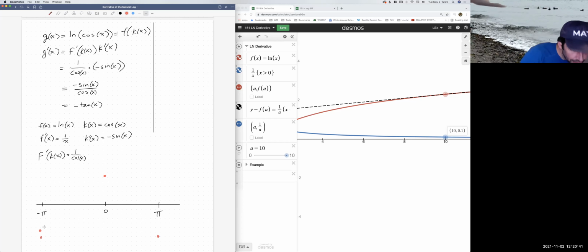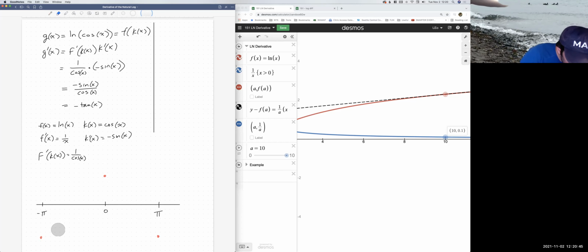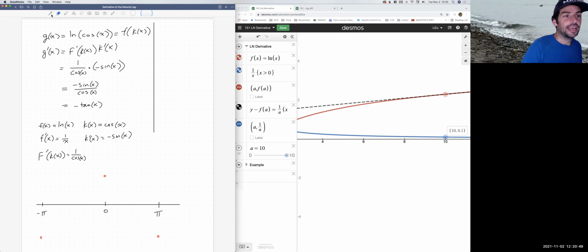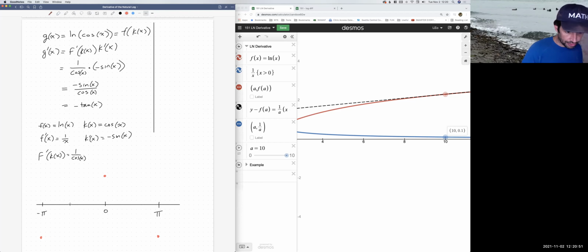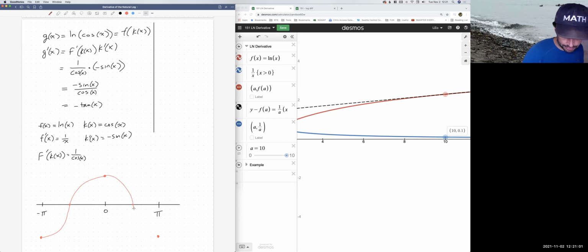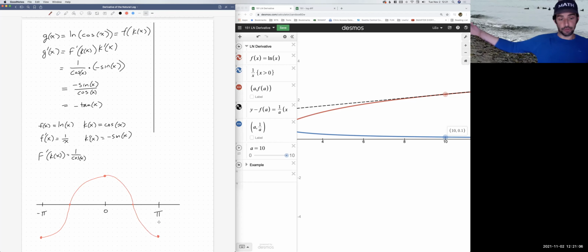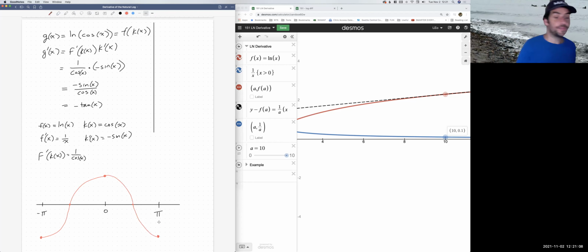I think I'm reading across correctly. If I sketch it in, our graph should look something like this. Of course, I'm just drawing one period. It keeps repeating this forever and ever.